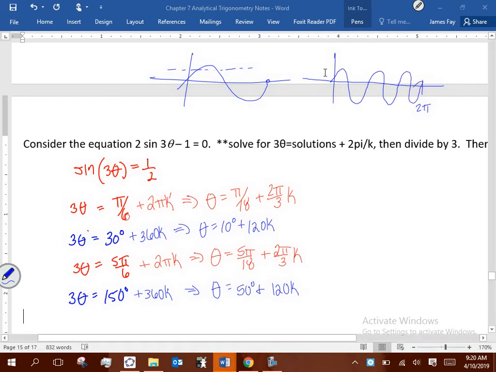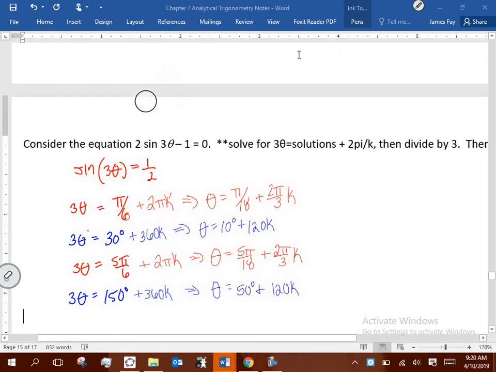And now if I put in that 1/2, how many solutions do I really have? 1, 2, 3, 4, 5, 6, right? This is only showing me one solution of pi over 18 and a second solution of 5 pi over 18. The plus 2 pi over 3k is the index tool to get me into the next solutions, but we have to know how to use that.